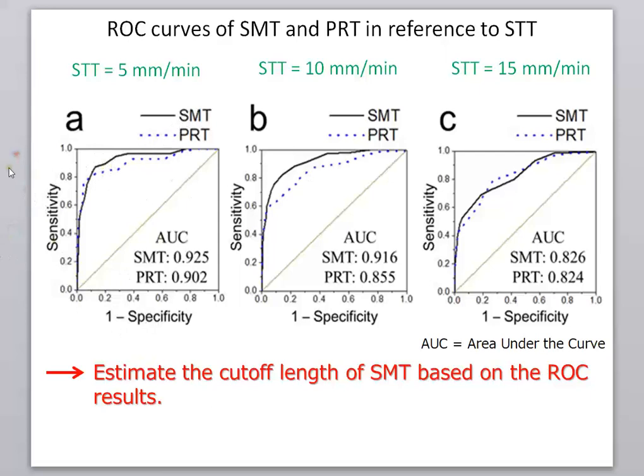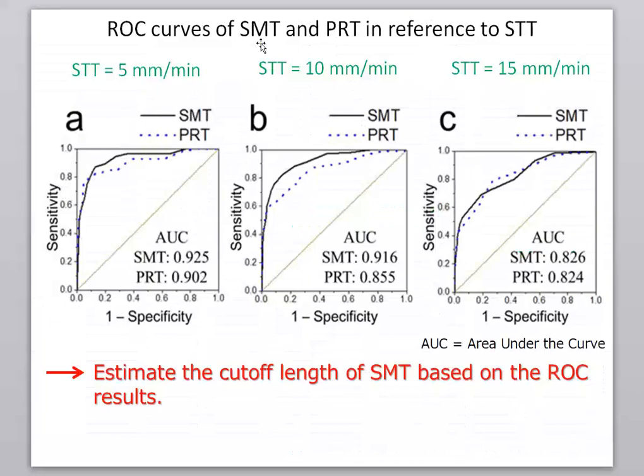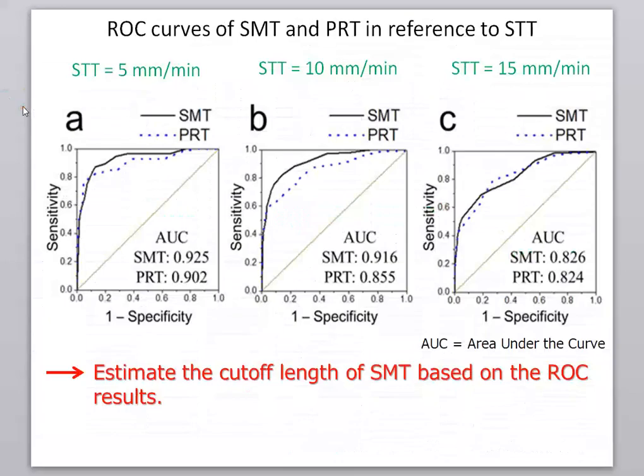Let's have a look at the table now. I'm sorry that it's a bit messy, but this is exactly the same result as this plot, simply in a different representation. This block corresponds to the STT criteria of 5mm, 10 and 15 for each, corresponding to plots A, B, and C here.